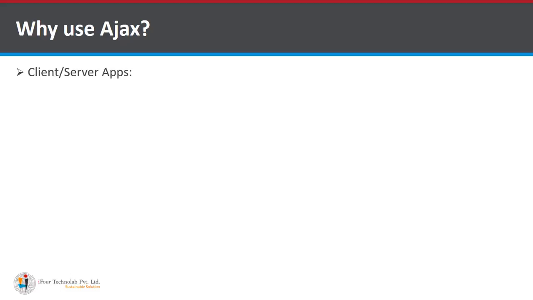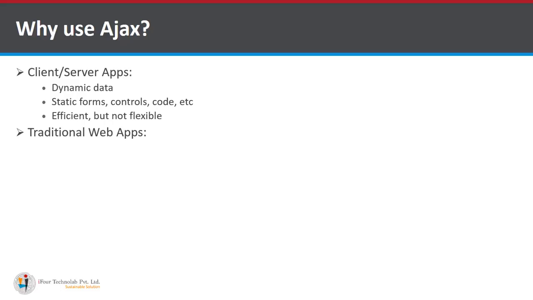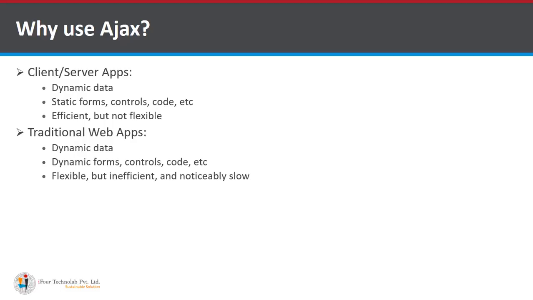Here are other reasons why we can use AJAX. Client server apps: dynamic data, static forms, controls, code, etc. Efficient but not flexible. In traditional web apps: dynamic data, dynamic forms, controls, code, etc. Flexible but inefficient and noticeably slow.